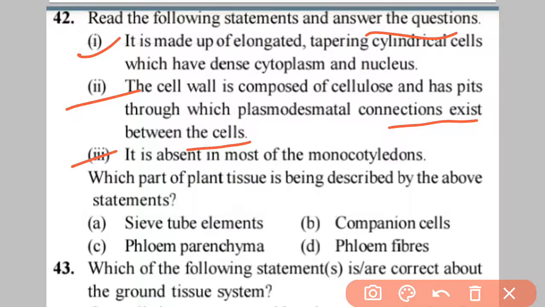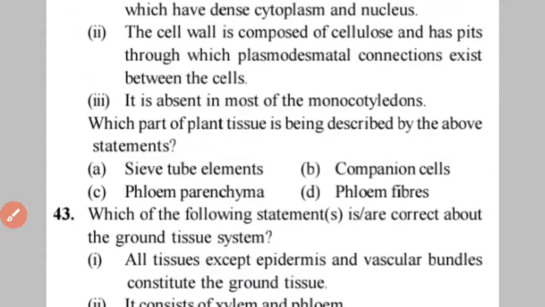The third one is, it is absent in most of the monocots. So which part of plant tissue is being described by the above statements? So you can see tapering ends are basically found in phloem parenchyma. Okay, so here option C is correct. Okay, phloem parenchyma features are above.